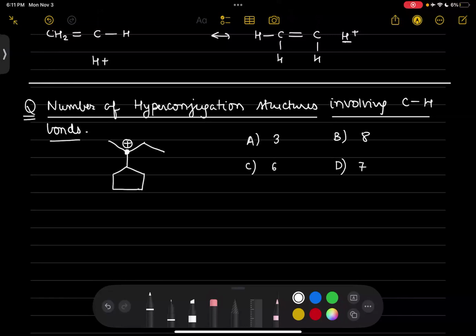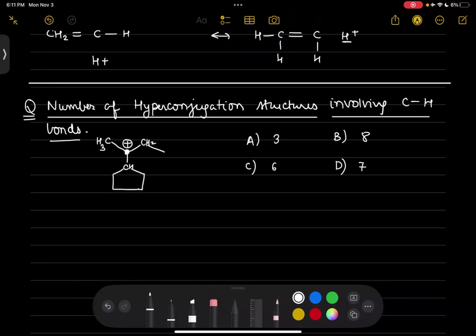Actually, look, if I try to draw it in the actual structure, this is CH3, right? This is CH2. Is it clear? And this is CH.